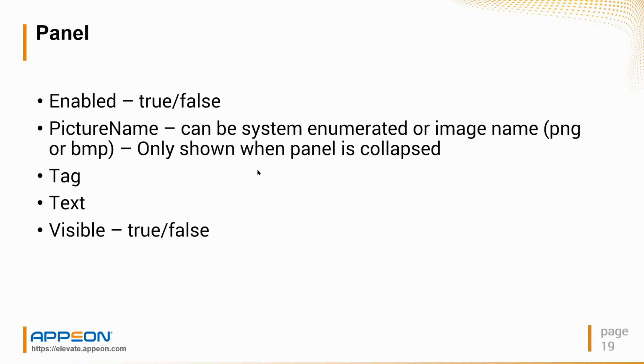The only time the picture name comes into effect is if you resize the window, and the ribbon bar is resizing, and it gets to the point where the panel gets compressed to the point where it can no longer display the individual items within it. And what happens at that point is that the panel then is replaced by what you specified in the picture name. And then when you click on that, the items show up underneath the picture.